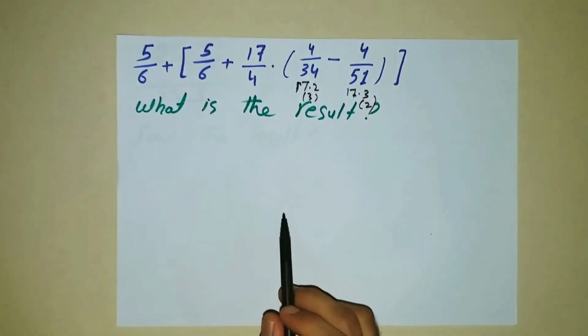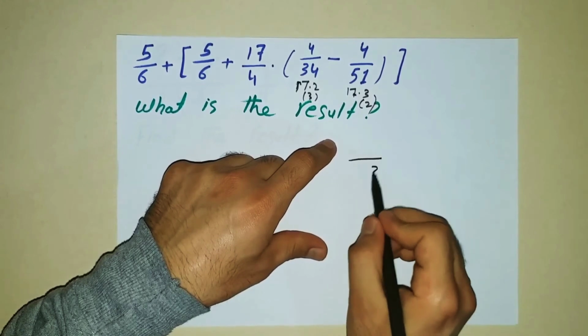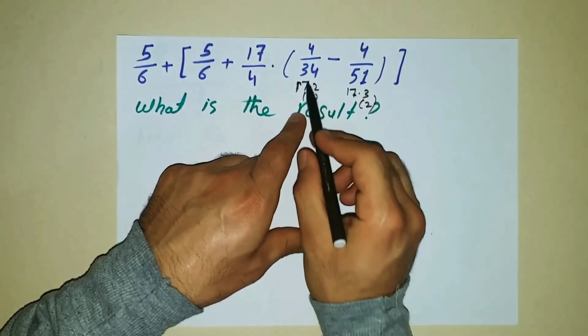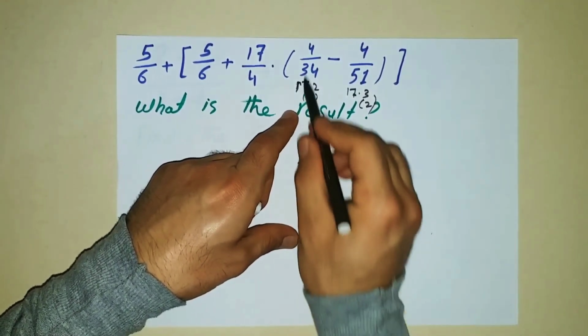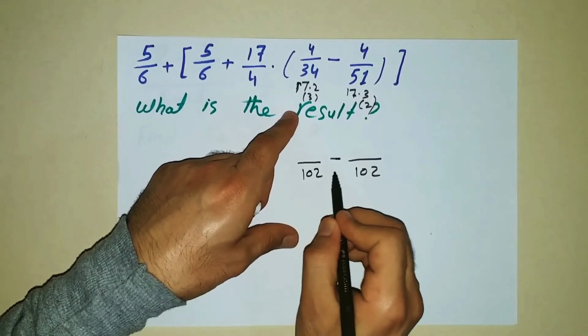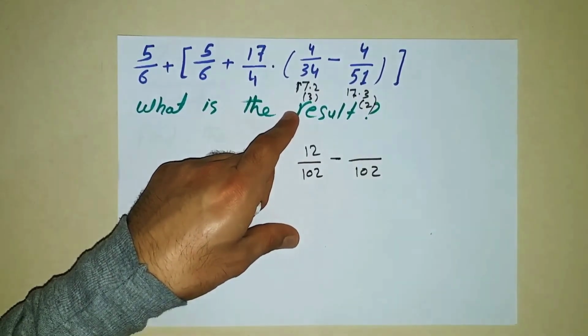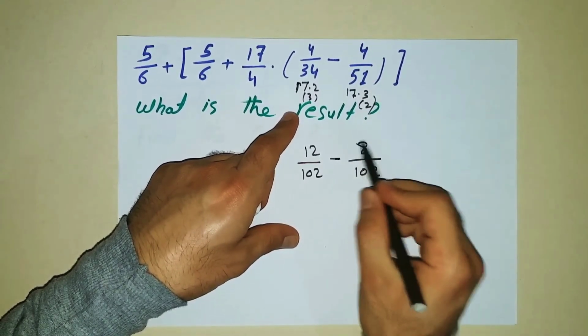If I multiply this with 2, 51 multiplied by 2 will give me 102, and 34 multiplied by 3 will give me 102, and 3 fours are 12 minus 2 fours are 8.